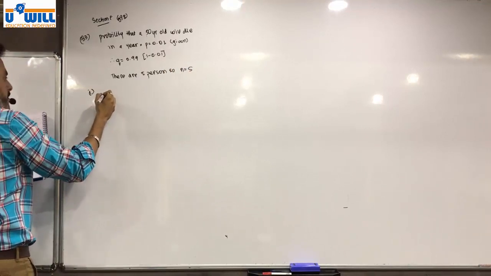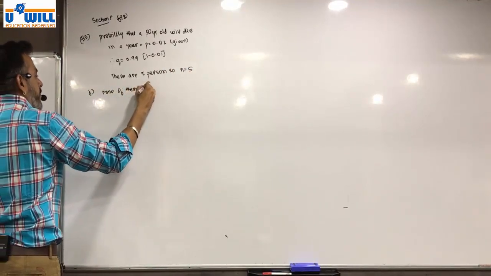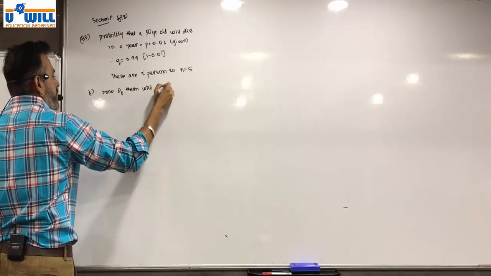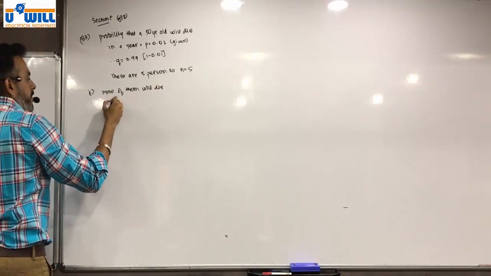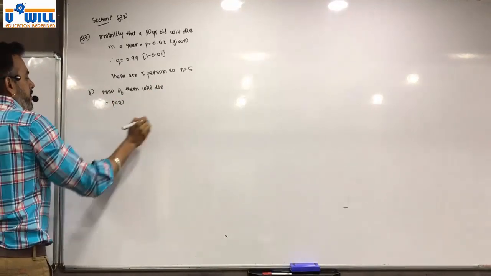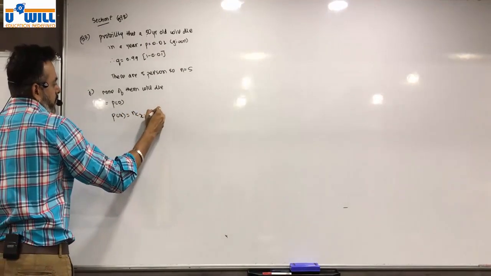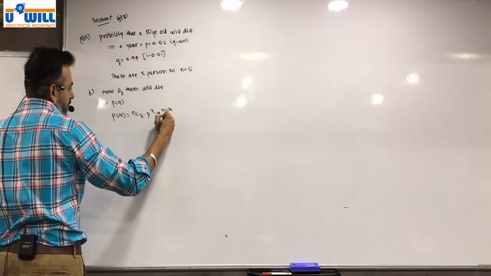First, none of them will die, which is equal to probability of 0. Therefore, probability of x is equal to nCx p raised to x q raised to n minus x.